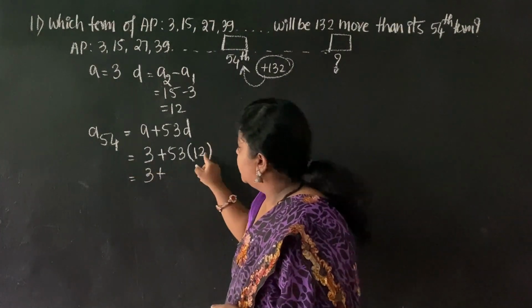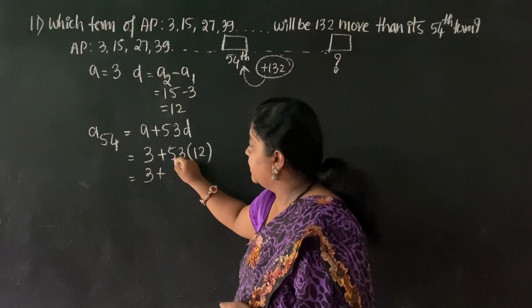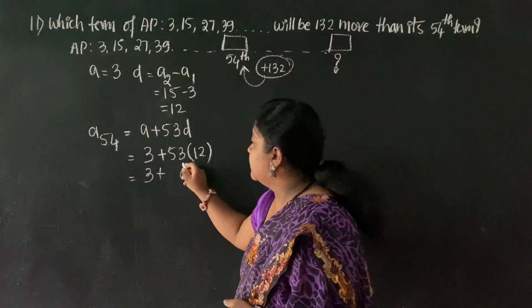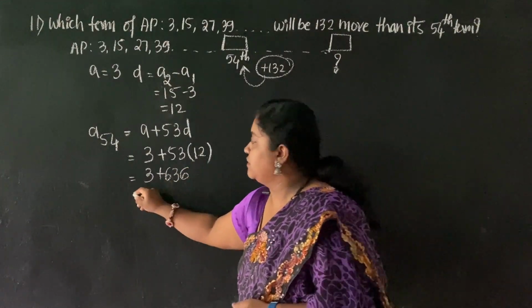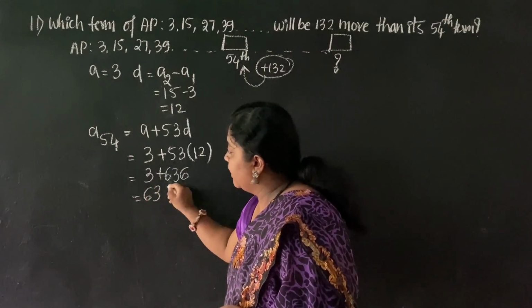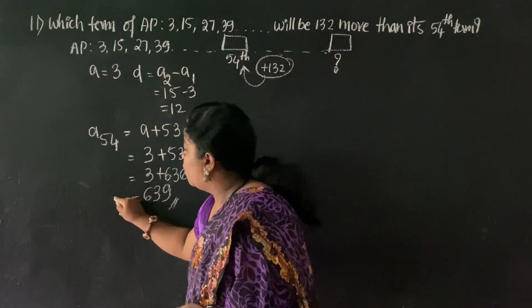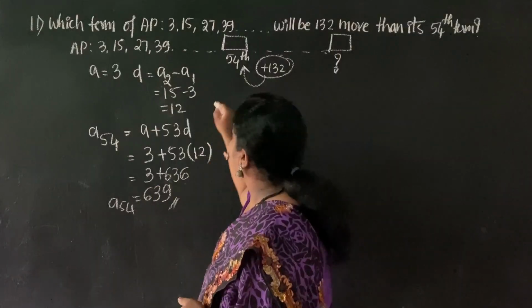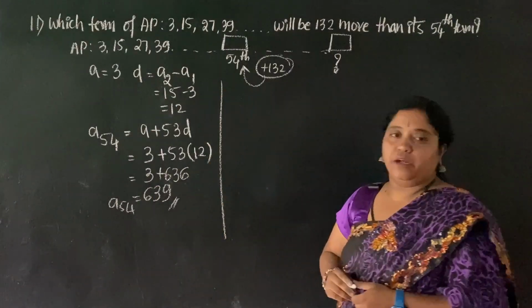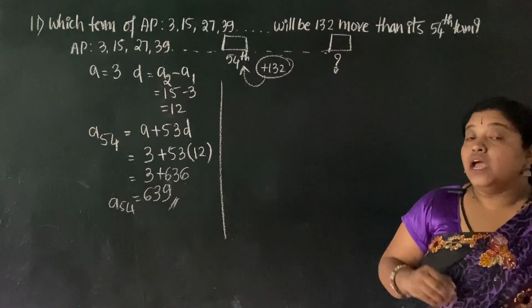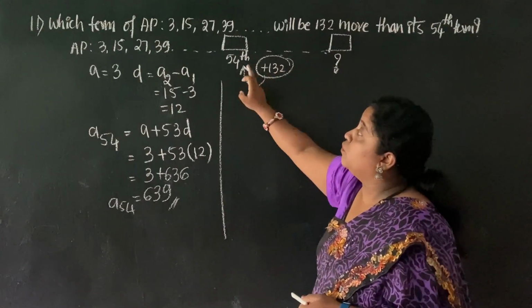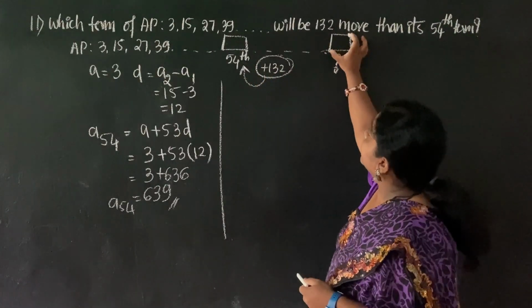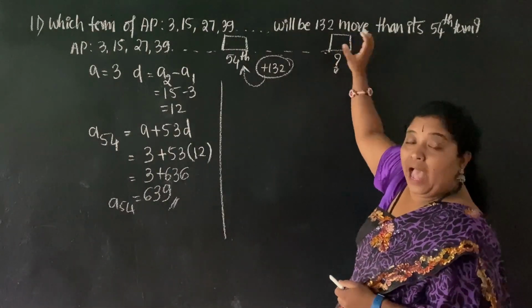Let me calculate the 54th term. 3 plus 12 times 53. 12 threes are 36, 3 carry. 12 fives are 60 plus 3, 63. So 636 plus 3 will give me 639. So the 54th term of the AP is 639. Now I should add 132 to the 54th term so that I get the An value.